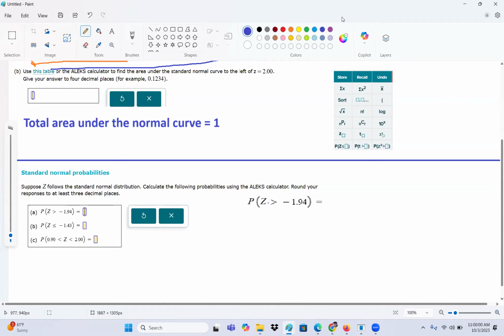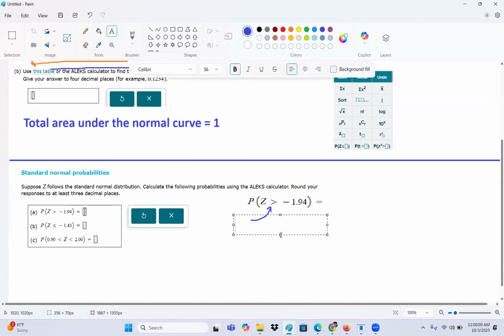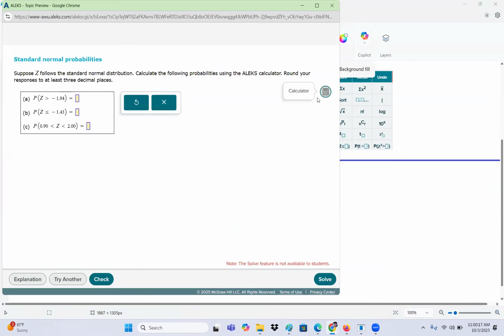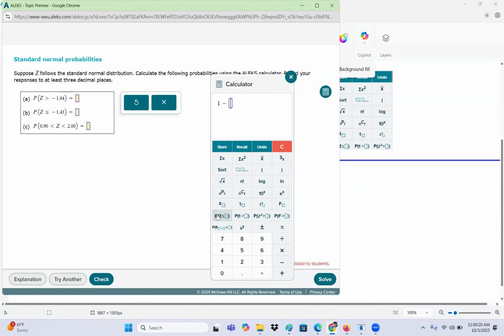So I'm going to take 1 minus that. Let's do it on a calculator. We simply take 1 minus the P of less than negative 1.94, and then it's just equal. We're going to get this done.